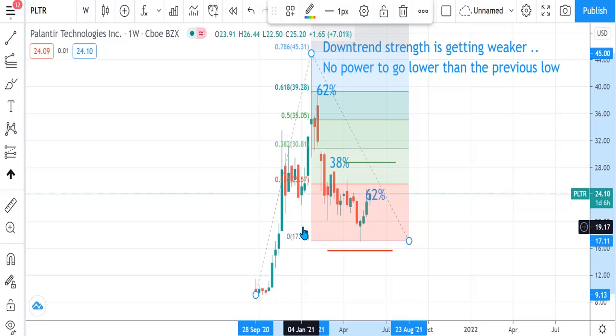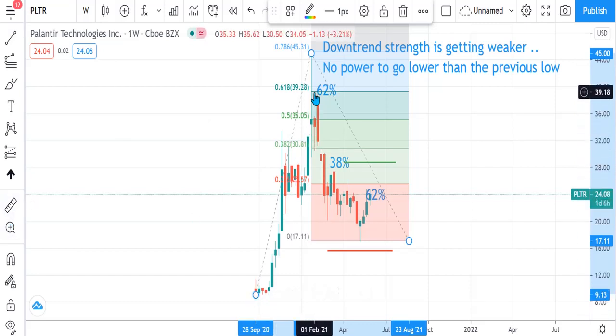So the sellers are quite strong, because it took more time to go up and less time to go down, right? The buyers took more time to pull it up because it required 17 bars, if I'm not mistaken.